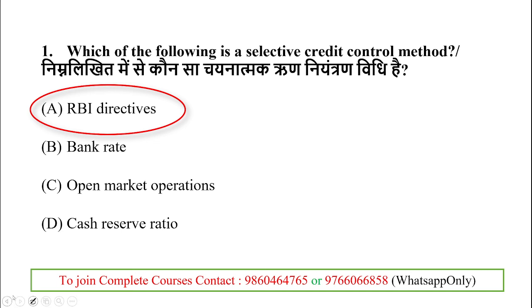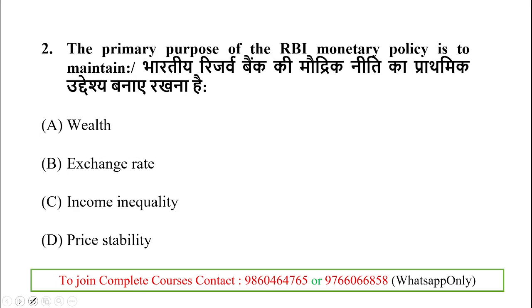Okay. Next question. The primary purpose of the RBI monetary policy is to maintain what? Here we want to answer the primary purpose. There are a number of purposes for the RBI to impose monetary policy.